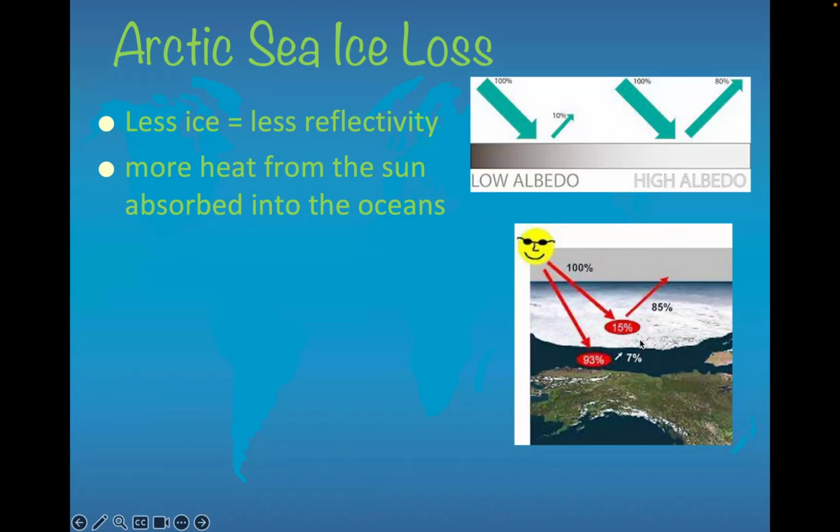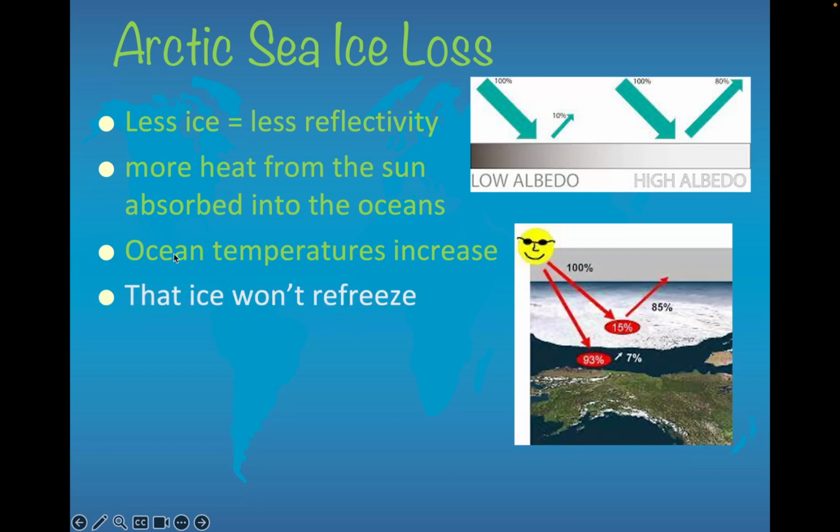So here's again a visual of that. Ice will reflect a lot more energy from the sun back into space, and water absorbs quite a bit. This means that the ocean temperatures will increase. Then that ice is not going to refreeze because the water is too warm, and eventually we will reach that tipping point. And the concern is that this will, of course, continue.